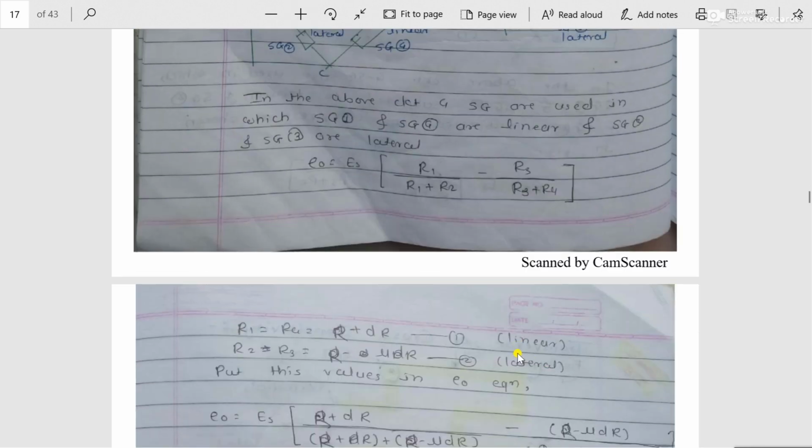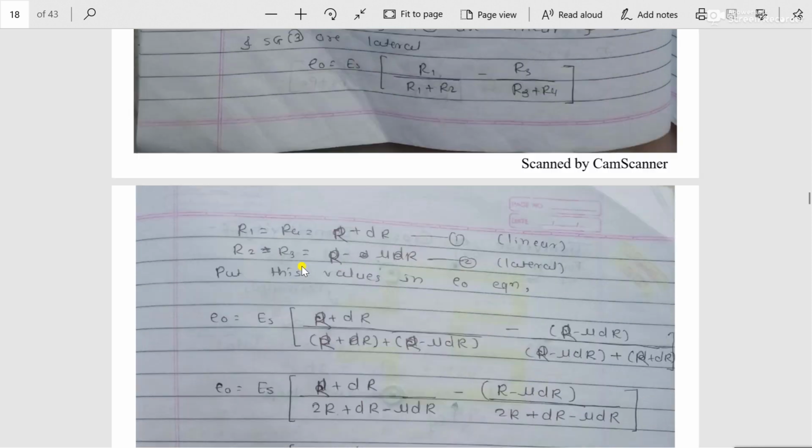Therefore, whatever change in resistance I have calculated, I have to multiply it by mu, because these 2 strain gauges are lateral. Strain gauge 1 and 4 are linear strain gauges, so there is no need to multiply the change in resistance by mu. So I have calculated the values of R1 to R4.